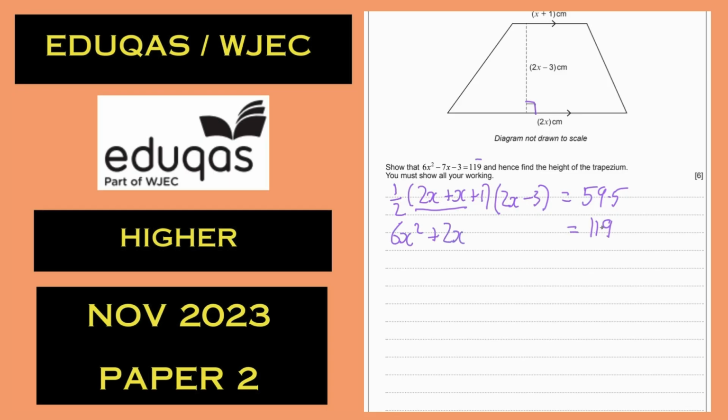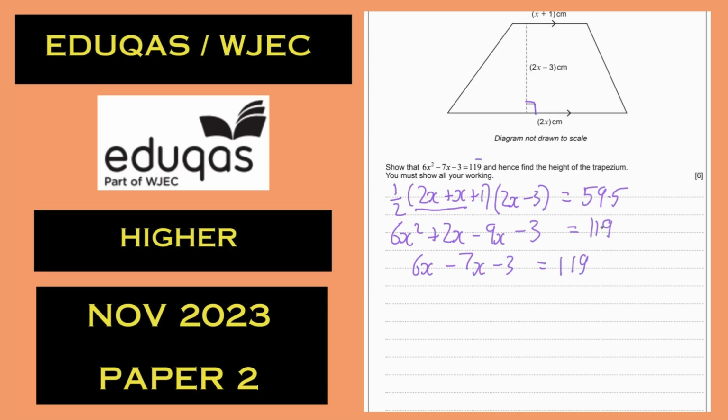We have 3x times -3. And we have +1 times -3. We now just need to tidy up. And obviously use whatever technique you normally use, whether it's loops, grid, anything. Tidy it up. We do indeed end up with what we were asked to show.